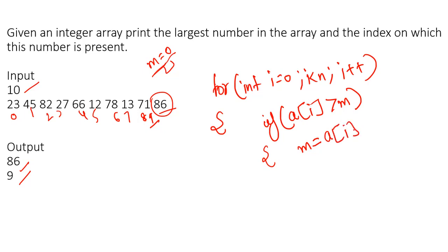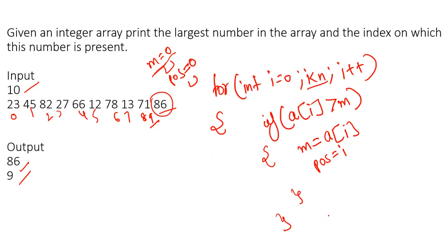Also, let's take a variable for position. You can take position as 0 initially, and here we'll update the value of position also. And this will keep on going till the end of the array.